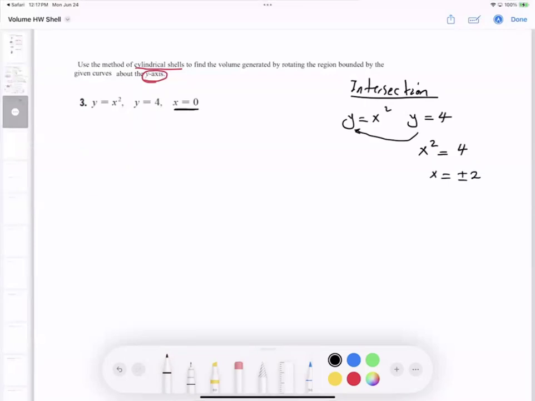Take a look. If I graph this guy, y is equal to x squared. And then y is equal to 4, which is parallel to the x-axis. And x equals 0.